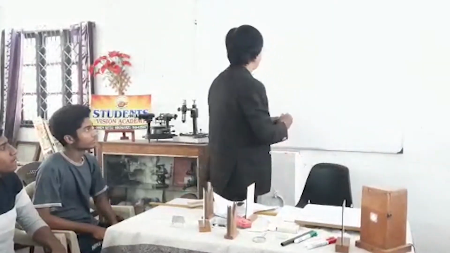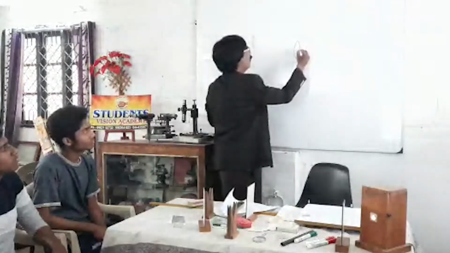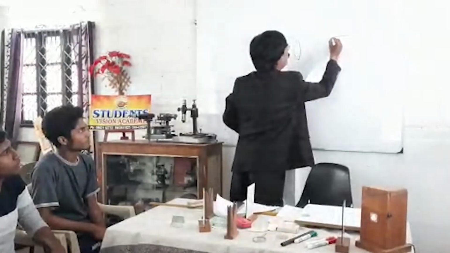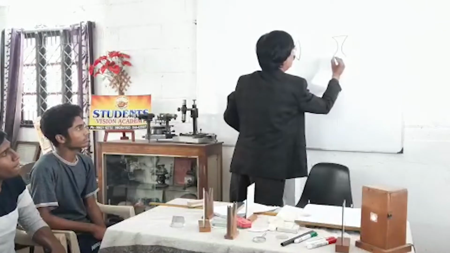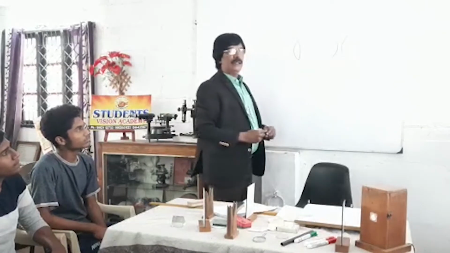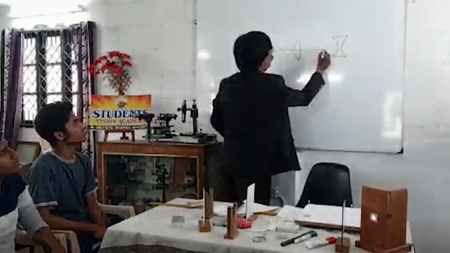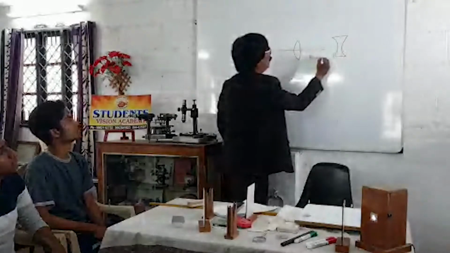Look here. This is a convex lens, right? This is the concave lens. I have shown this now. Okay? And if you draw an imaginary line here, we call it the principal axis.